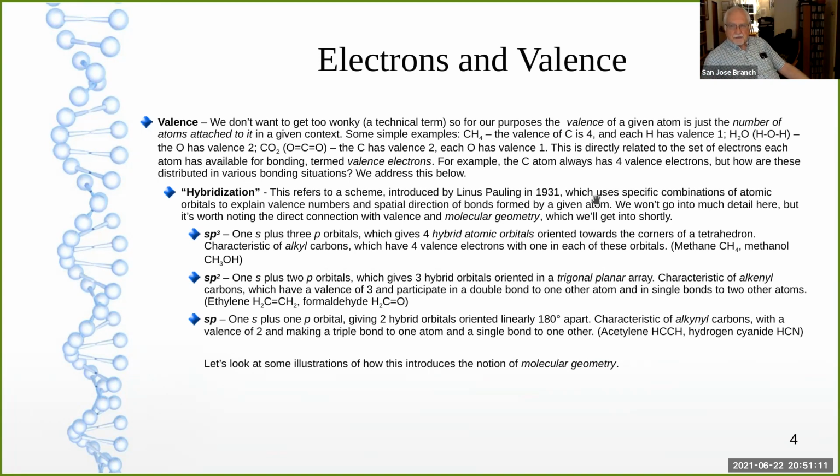So for our purposes, and it's a perfectly good definition, the valence of a given atom in a molecule is just the number of atoms attached to that atom in a given context. So here, for example, we have methane, and the valence of the carbon here is 4 because it has 4 other atoms attached to it.